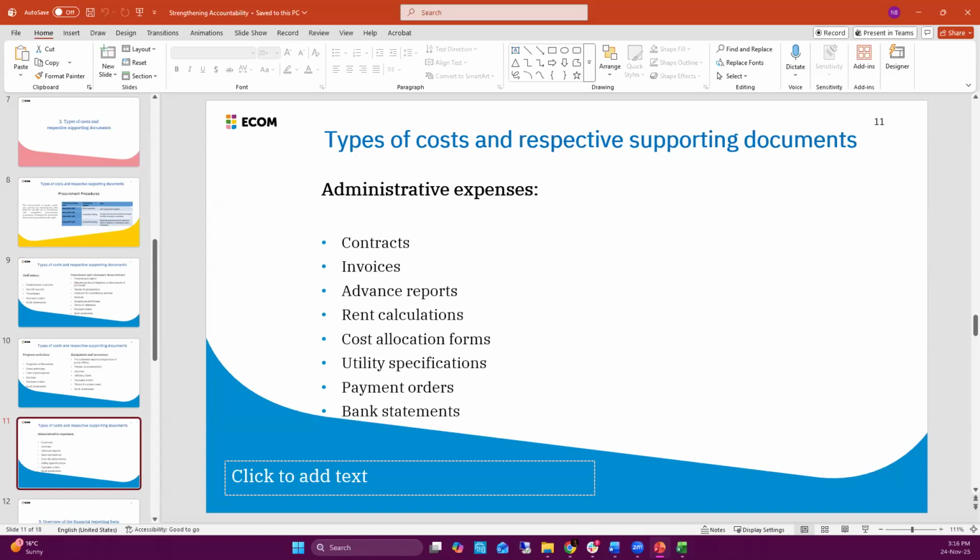And here it is referred to the cost allocation forms. And normally the cost allocation form is the form used for the shared expenses. This is when you share some kind of expense between several different projects. So the administrative expenses might be also utilities.